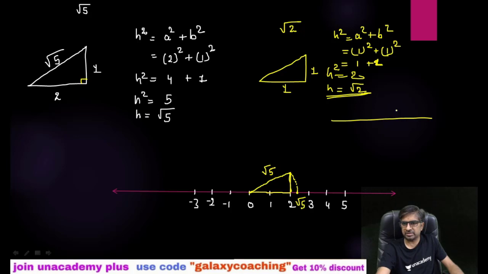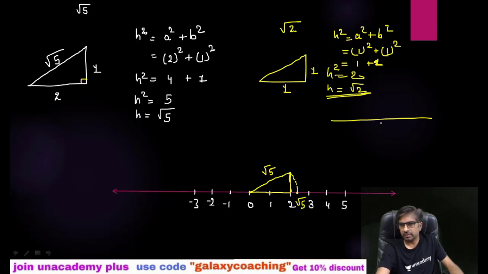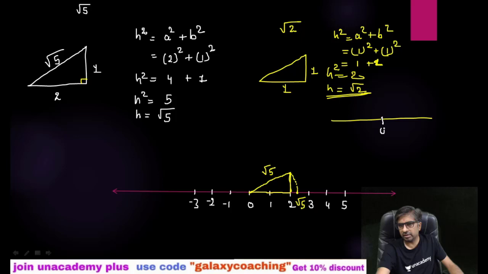Now you need to represent this on a number line. How? You can see this is your number line: 0, 1, 2, minus 1, minus 2. This is your number line. Now your base is 1, so 0 to 1, 1 here.